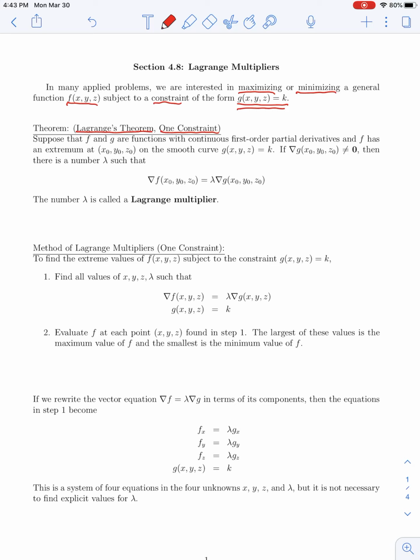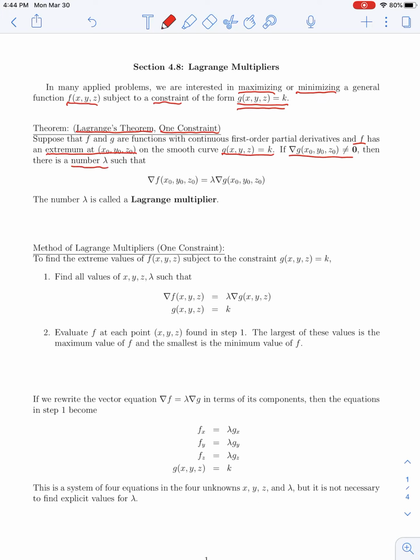So this theorem is known as Lagrange's theorem in the case that we have one constraint. So it says if we have 2 functions f and g, which both have continuous first-order partials, and f, the function that we're trying to optimize, has an extremum, that is a maximum or a minimum, at some point (x naught, y naught, z naught), which lies on the curve or the surface defined by setting our constraint function equal to some constant.